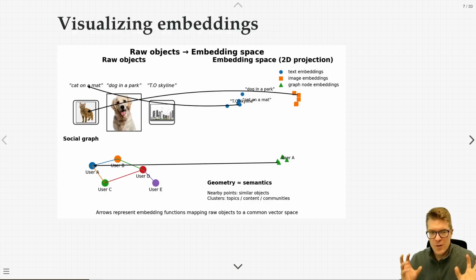So you have a lot of posts from user A, a lot of posts from user B, and you would embed them in a space. All of user A's postings would be close together, and because user B is similar to user A in some sense, user B's posts would be embedded in a similar region of the embedding space, the common vector space Z.